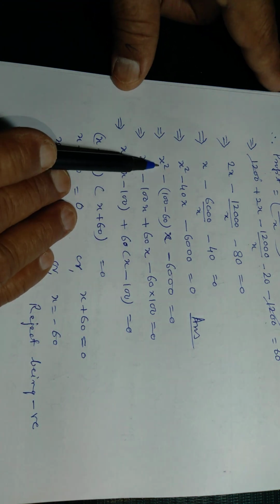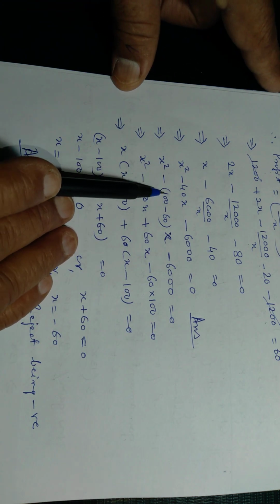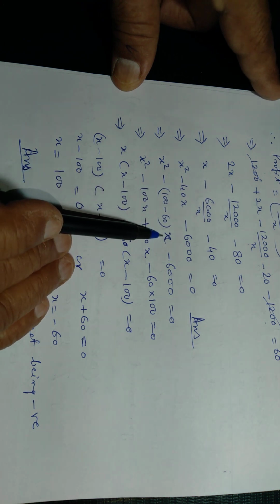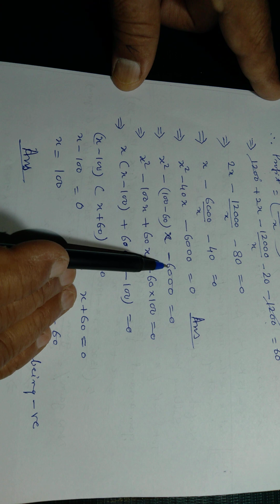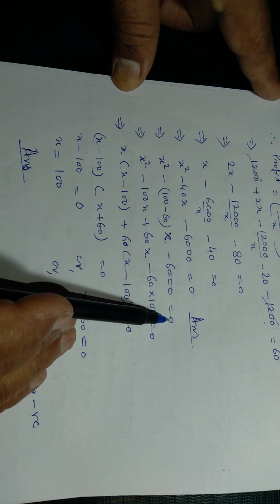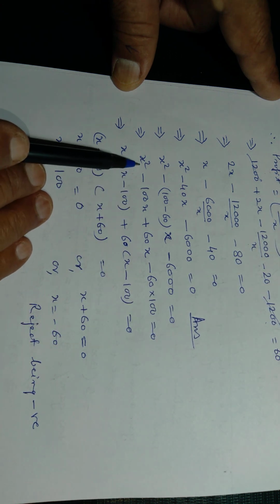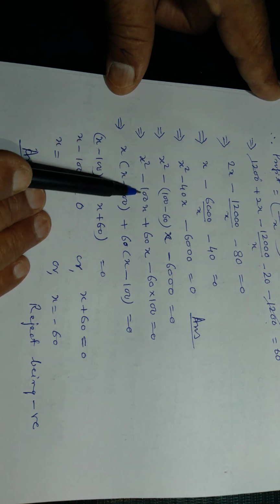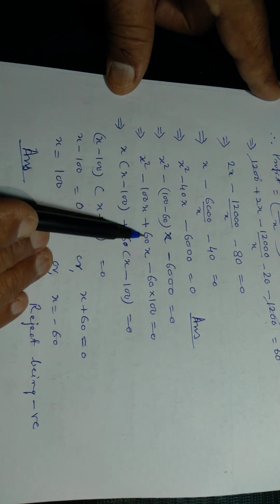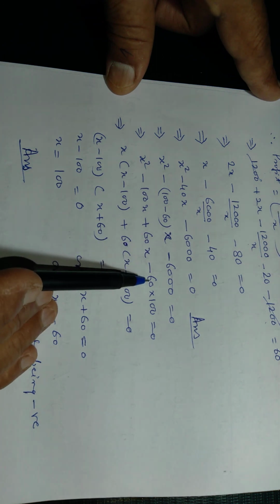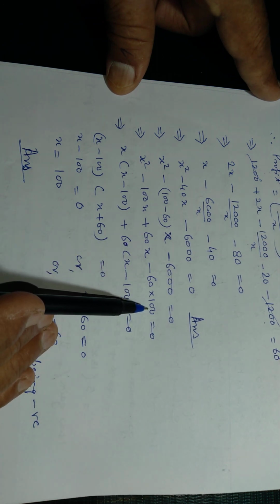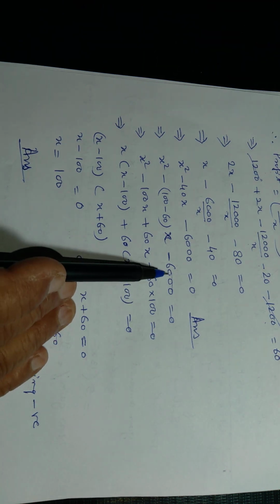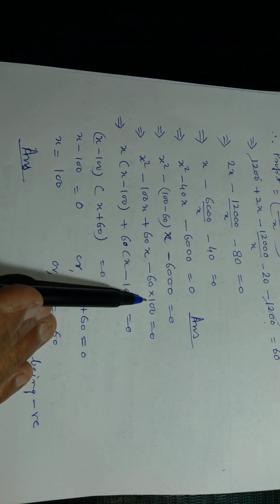So x square minus, bracket closed, 100 minus 60 into x minus 6,000 equal to 0. So now open this bracket. X square minus 100x plus 60x minus 60 into 100. Here I have split this 6,000 like this.